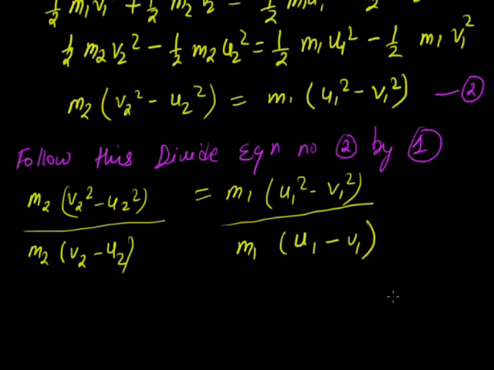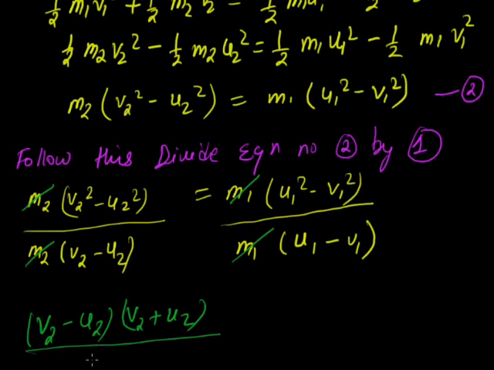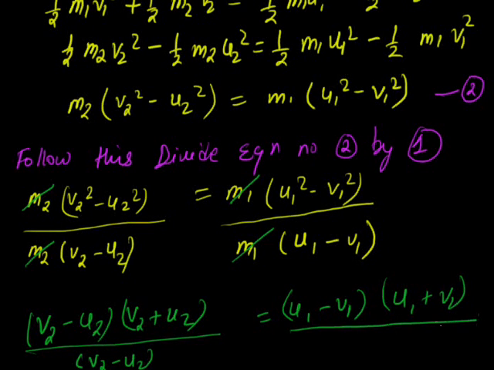Further, the m2 and m2 get cancelled, and here m1 and m1 get cancelled. Now this can be written as (v2 minus u2)(v2 plus u2) divided by (v2 minus u2), and here (u1 minus v1)(u1 plus v1) divided by (u1 minus v1).